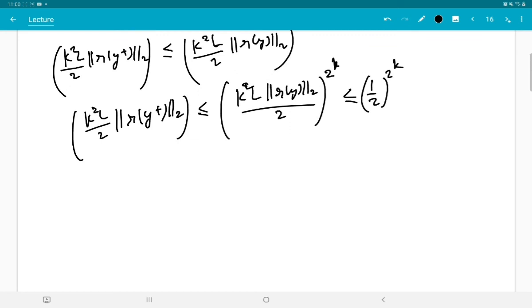So this says that we have a quadratic convergence of the residue, the norm of the residue. It quadratically converges to 0. That is what it says.